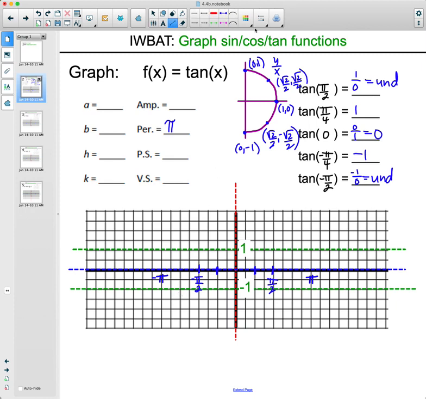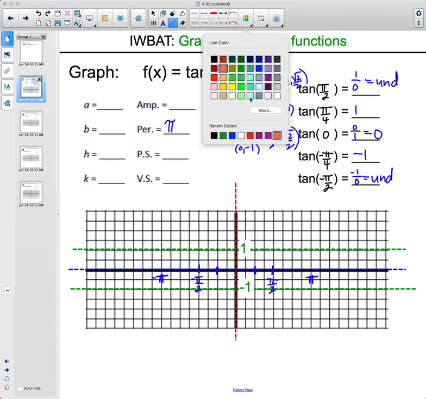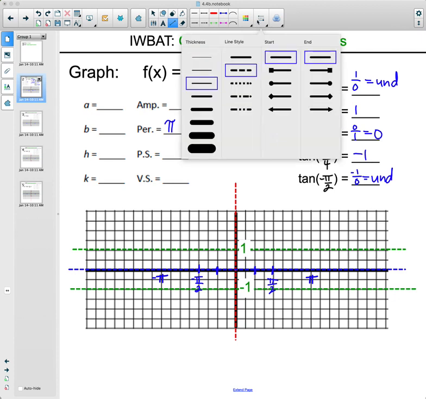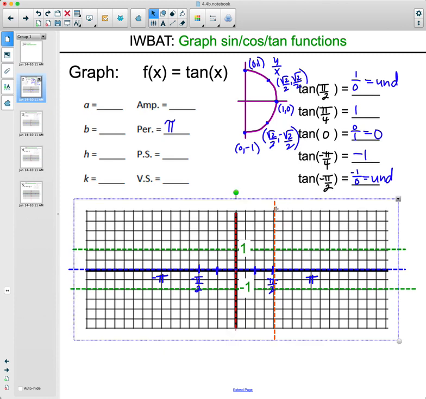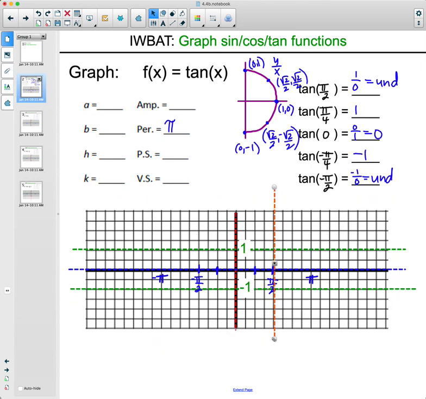So let's go ahead and graph these points here. So now, like I said, for undefined, we're going to go to pi over 2. Tangent is undefined at pi over 2. So we're going to draw a dotted asymptote there. Now, I don't want you to get confused by this. This is the phase shift of the normal graph. So this asymptote, this orange one, is an actual asymptote of your graph.